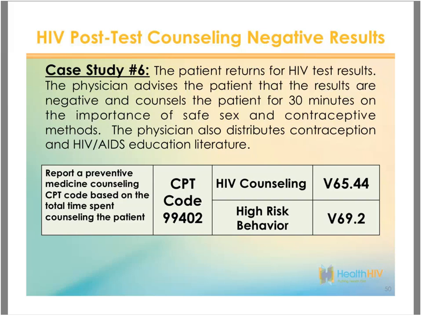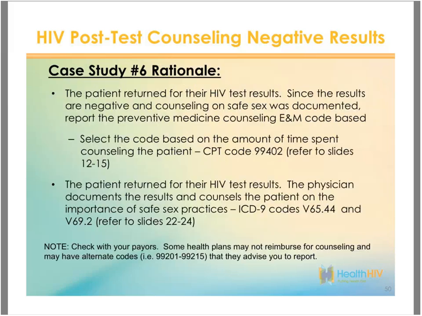Since there was counseling involved, 30 minutes of counseling is coded. The diagnosis code for counseling is here, and high-risk behavior is also here. So this scenario is pretty straightforward, and here is the rationale for this scenario.